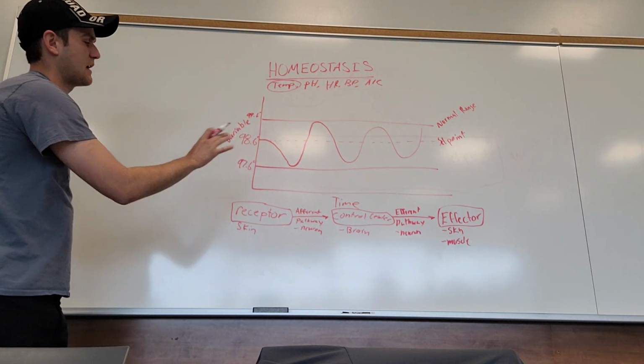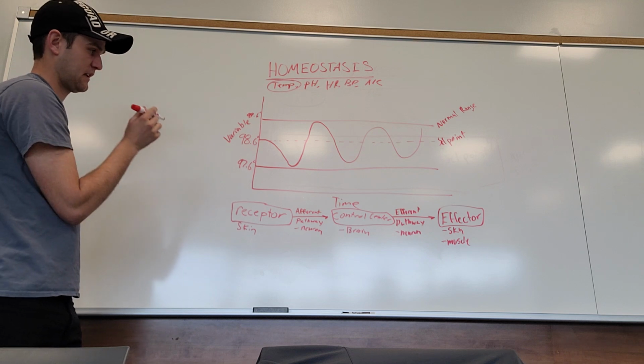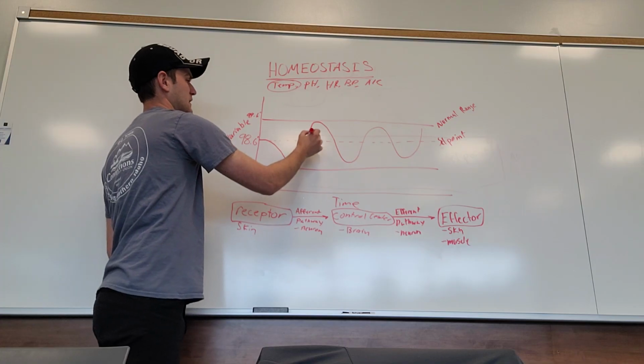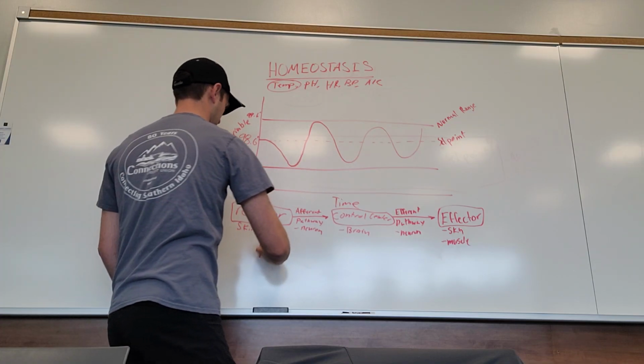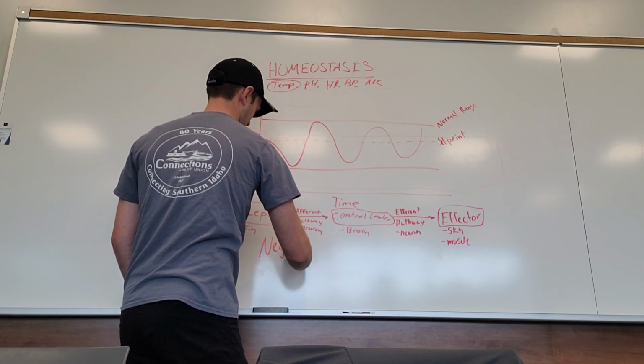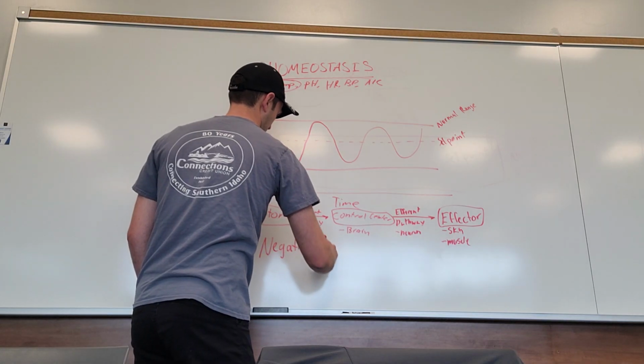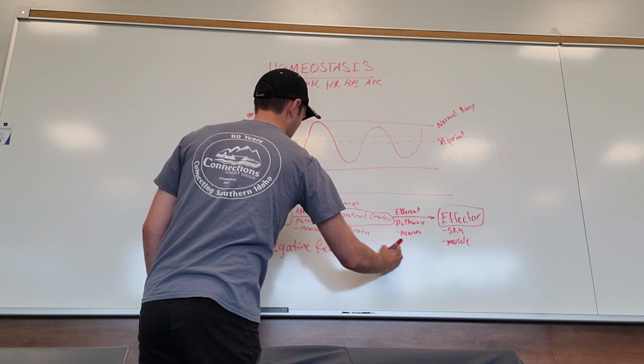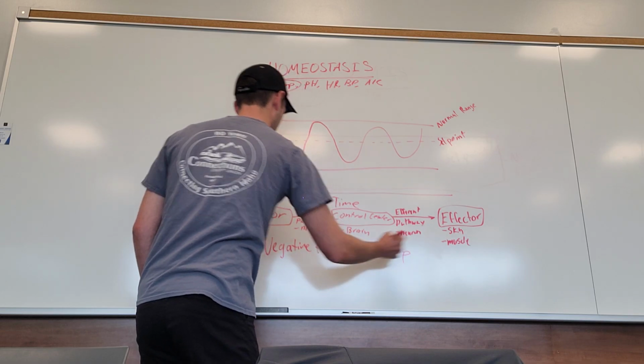And this kind of process, or this loop, so this is our reflex control pathway, but this process is going to be what's called a negative feedback loop. Right?